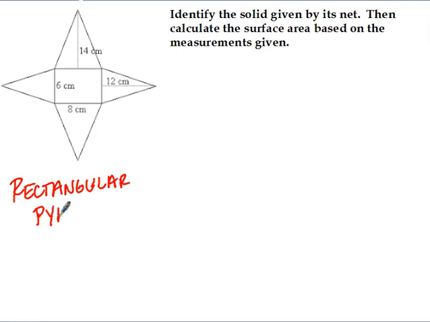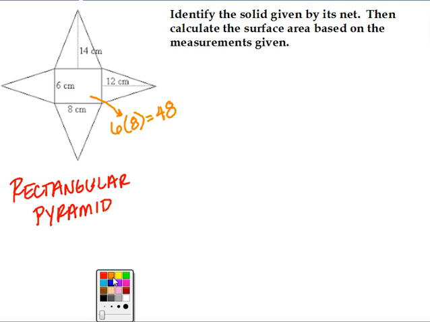So again, I just want to find the area of everything here. So the area of my rectangle is just 6 times 8, which is 48. The area of this triangle is going to be 1/2. The base there is 8, and the height is 14.